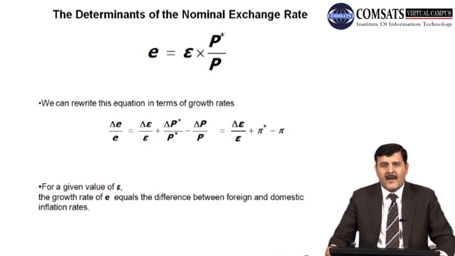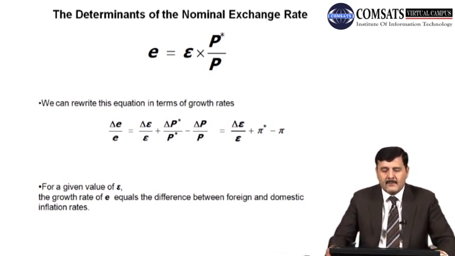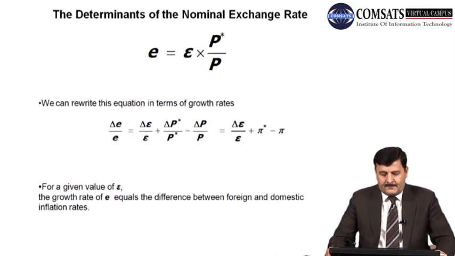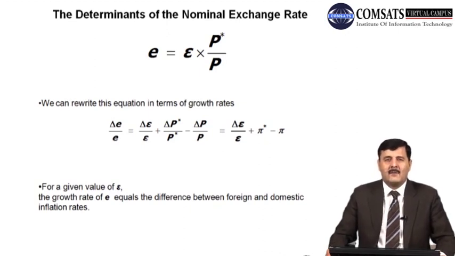If we apply the growth rate on both sides, we know that when two factors are multiplied, their growth rates add up, right? So we can write delta E over E plus delta P star over P minus delta P over P, which is equal to delta e over e plus the inflation rate in the world market, the foreign inflation rate, minus the domestic inflation rate.